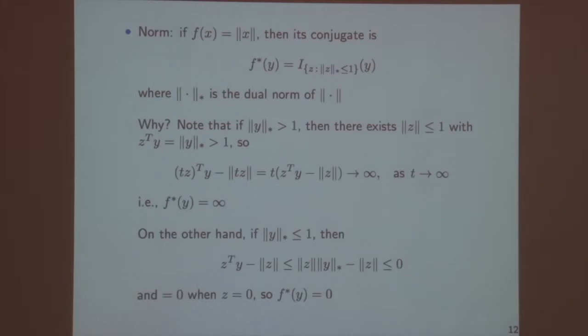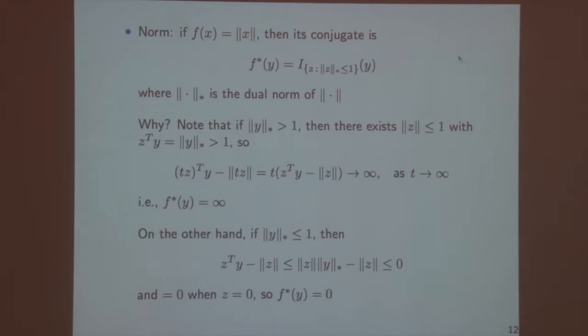So keep in mind, for example, if my norm is the L2 norm, then its conjugate is the indicator that y has L2 norm less than or equal to 1. If my norm is the trace norm, then its conjugate is the indicator that the operator norm of my matrix is less than or equal to 1. So it's the indicator that my matrix has its largest singular value less than or equal to 1.